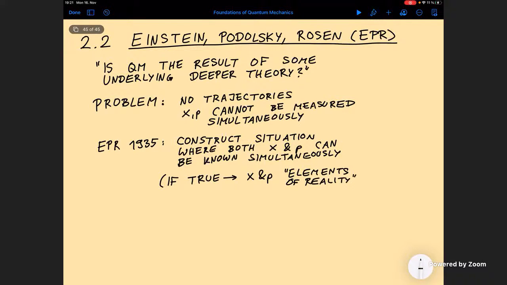But quantum mechanics does not at the same time assign definite values to these elements of reality. So in some sense, then, quantum mechanics is incomplete because it does not talk about everything that could be in principle talked about.